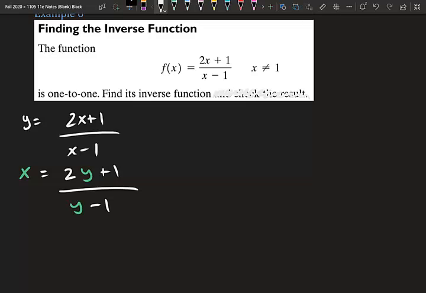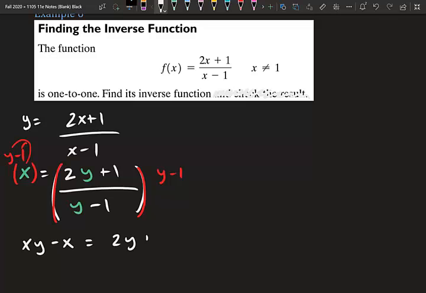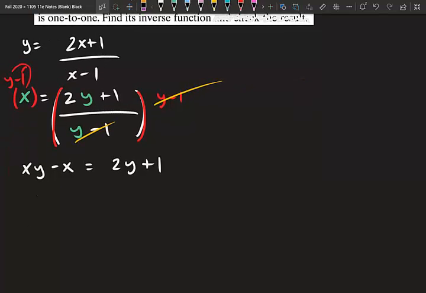So regardless, I'm always going to multiply by that denominator because there's something I want in there. Since there's something I want, I'm going to multiply by the denominator to both sides. So I'm going to distribute the x. That means we have xy minus x equals 2y plus 1. Let's keep solving for y. So I want y by itself.